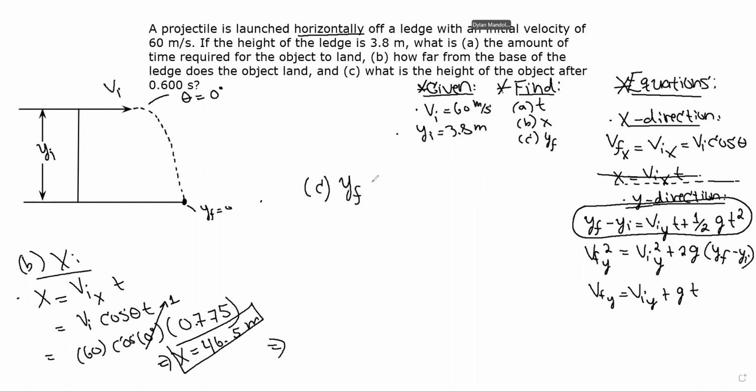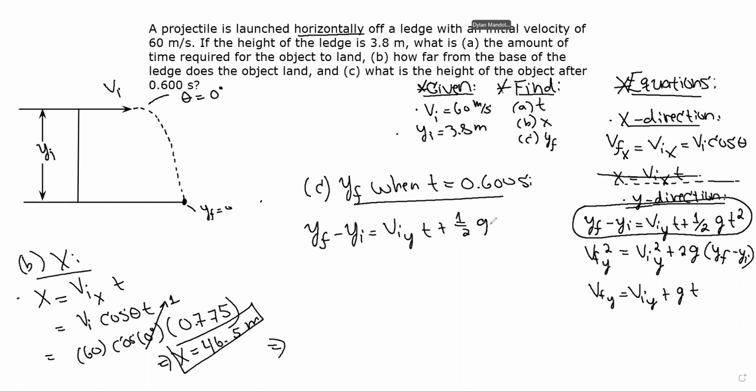So height, specifically when t equals 0.600 seconds. Well, looks like we're talking about heights and times. We'll use our quadratic kinematic equation. VIy times t plus 1/2 g t squared. Again, VIy is VI sine theta.